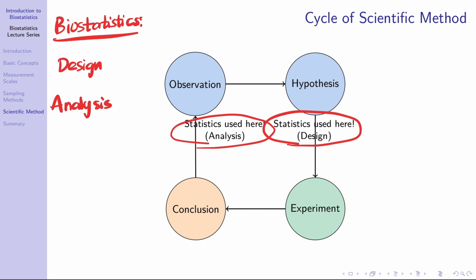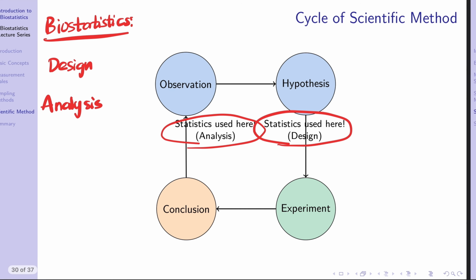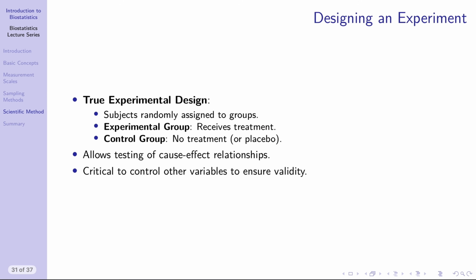Design is where we select the sample, whether the sampling is done right, and the type of sampling we use. Analysis is where we take an unbiased look at the data and produce results or inferences from it.